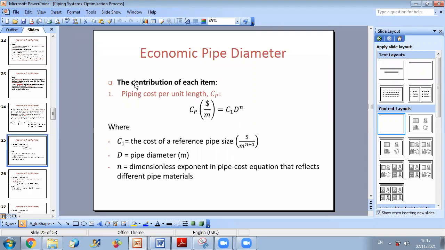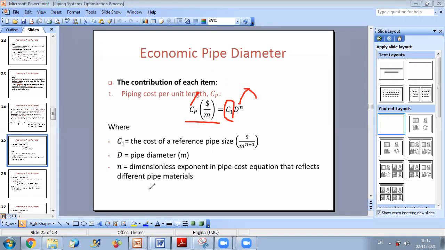Okay, well C1 هي constant, هي cost of a reference pipe size بتكون given لإلكم. So C1 is given. Okay, and depending on the diameter of my pipe system, I can assess what is the initial cost per meter. And of course, as D increases, the cost per unit length Cp will increase. Okay.